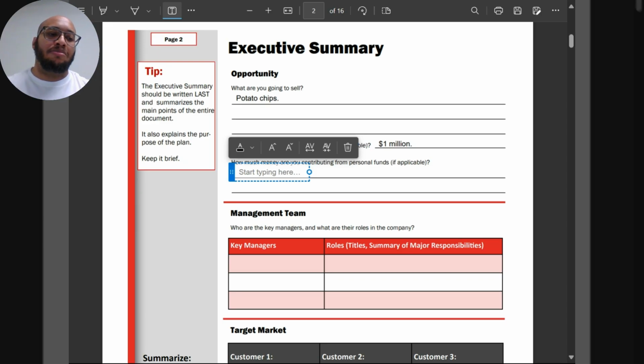However, if you have a different situation going on, or maybe you have a relative or close friends who want to invest in you, or if you're able to get a high paying job and save up some money, and let's say you're a bit older and you've retired, and now you want to start your potato chip company and you take some of your retirement, then you can put some of your funds towards that. So we'll go with that one and say I have $100,000 that I'm putting in on my own.